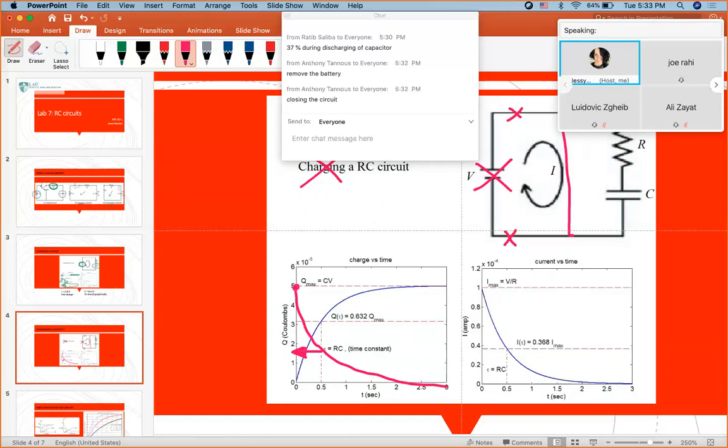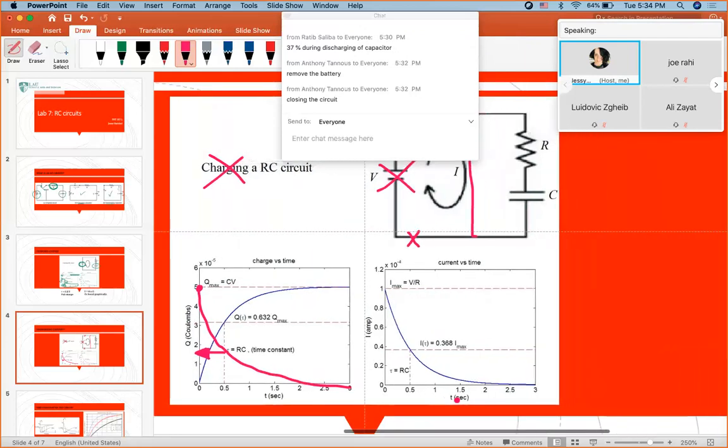So if I calculate 37% of 5, probably it's not gonna be between 1 and 2. So tau here is the time needed to empty the capacitor down to 37%, or empty the thing 63%. So the emptying process is 63, the remaining is 37. So on the graph, you have to look for the 37% to be able to see tau, and it will be totally discharged after 5 taus.